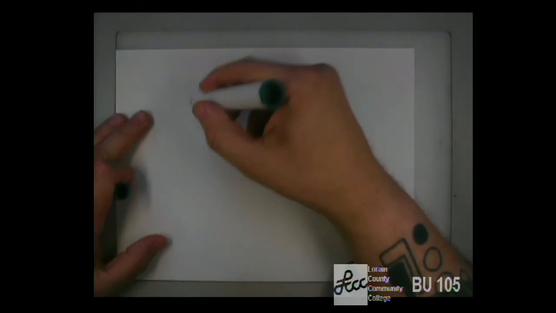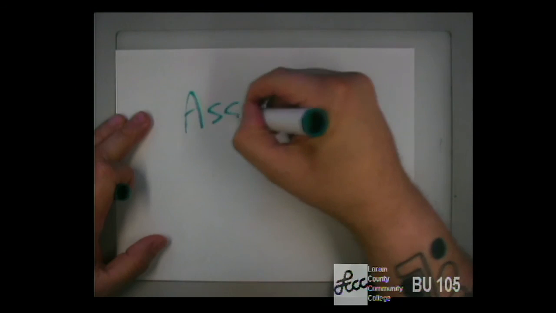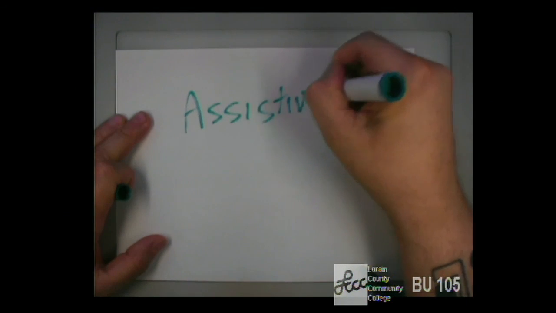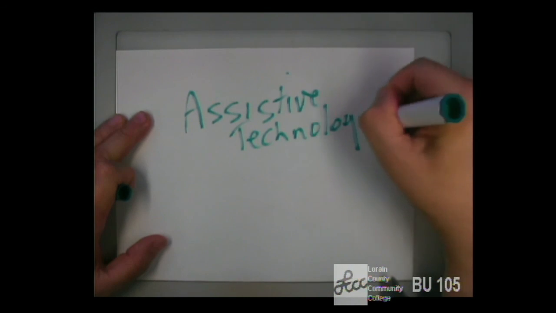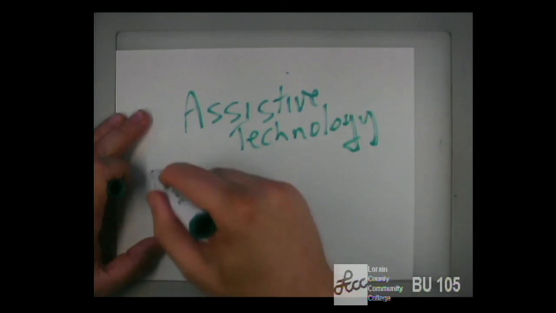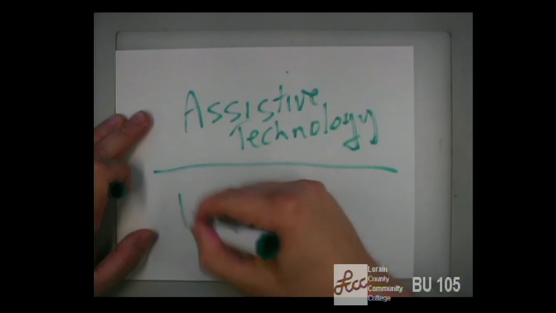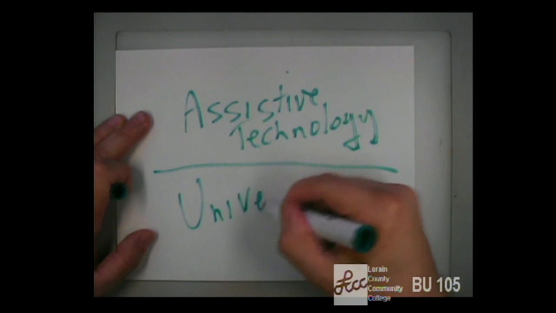There's sort of a two-pronged approach for allowing people with different abilities and disabilities to access the web. One of them is what is called assistive technologies. And one of them is the principles of universal design.